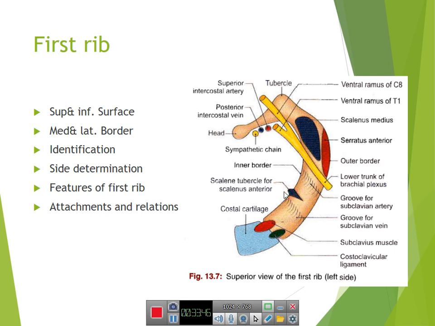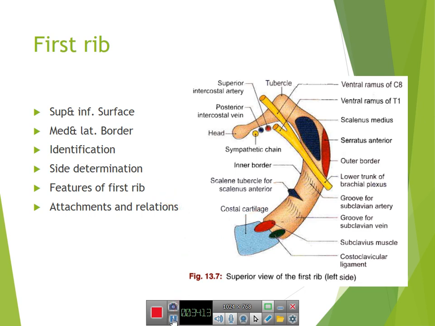So here is the scalenus tubercle for attachment of the scalenus anterior. When the rib is placed on the horizontal plane with the superior surface facing upwards, both ends of the rib touch the surface. This is very important in determining the anterior and posterior end of the first rib.